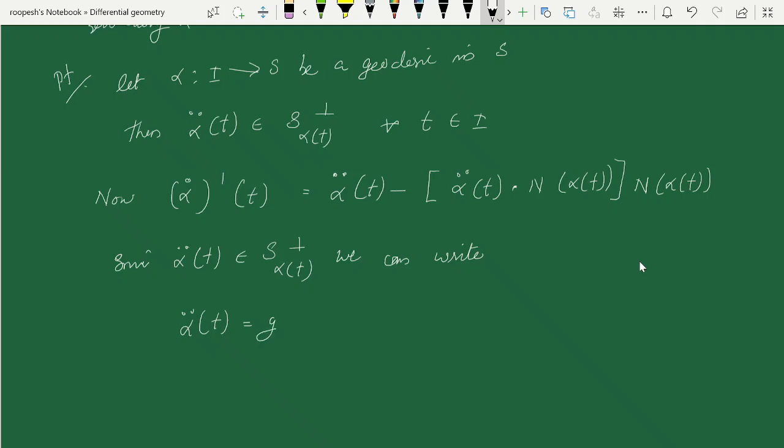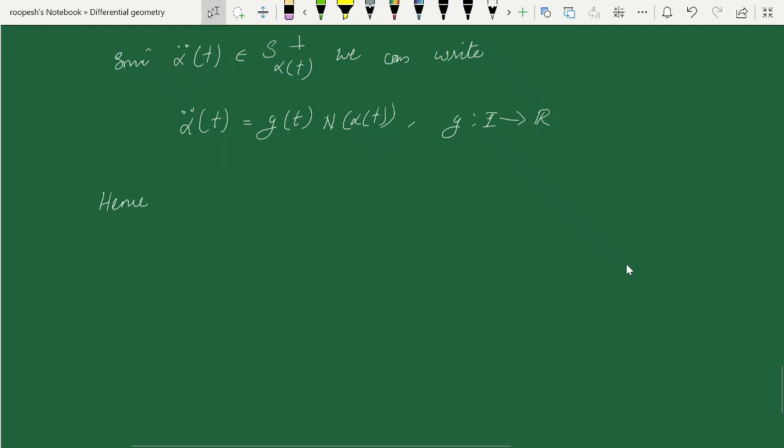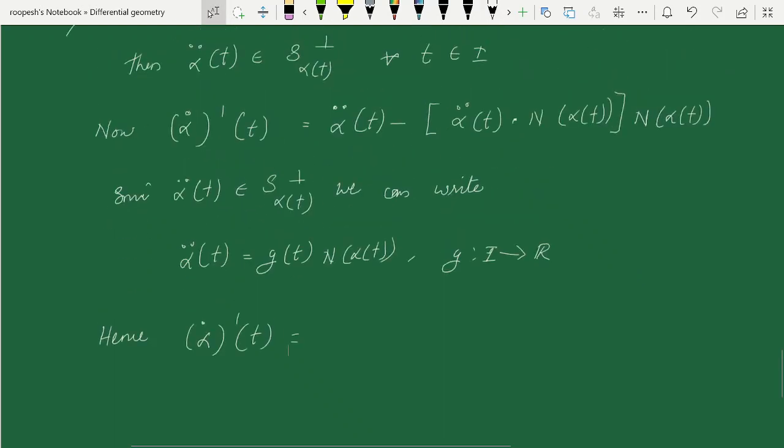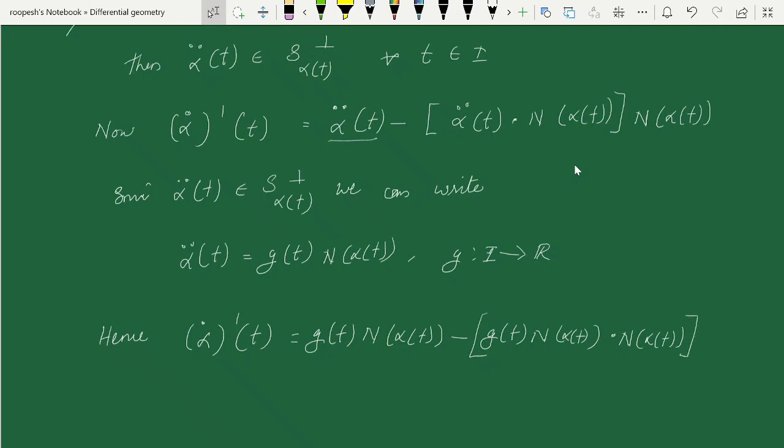So alpha double dot of t is equal to some g of t times n of alpha of t, a multiple, right, where g is from I to R. Hence, alpha dot dash of t can be written as: the first term alpha double dot of t replaced with this, so g of t n of alpha of t, minus g of t n of alpha of t dotted with n of alpha of t times n of alpha of t.